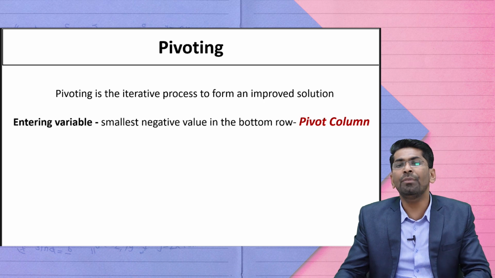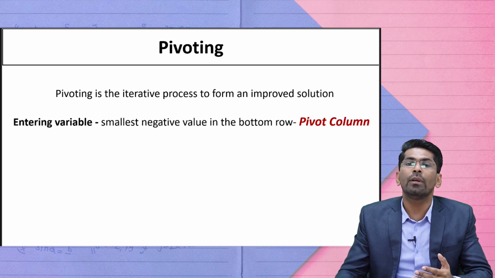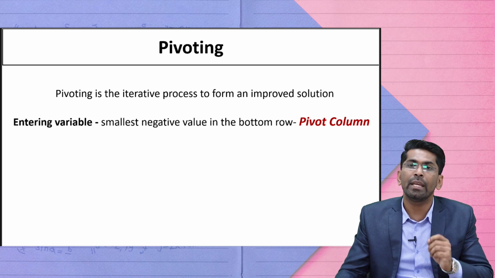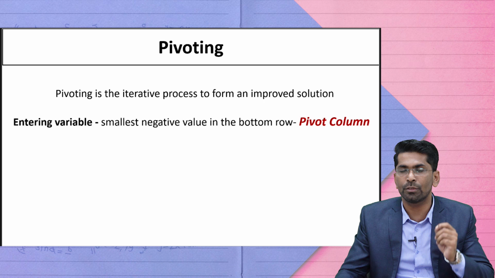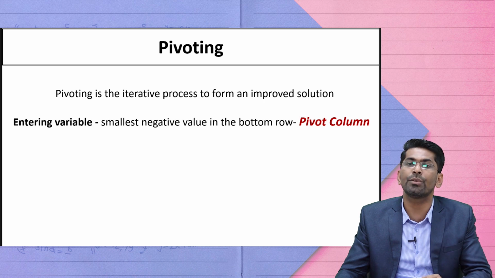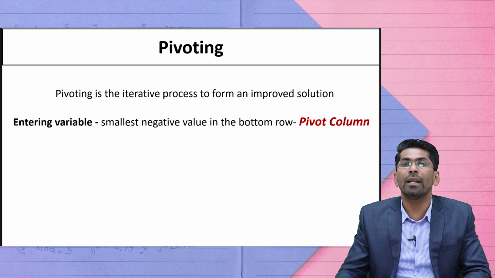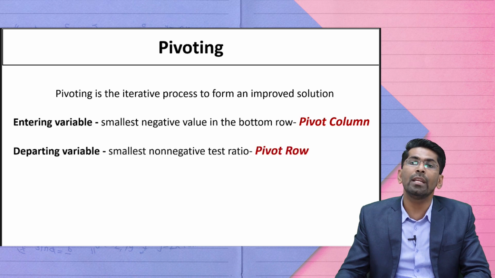Then after that we want to find out the departing variable. For that purpose we divide the b values, that is the constant values of the linear constraints, by the corresponding values from the pivot column. Then we will get a test ratio, and this is used to find the departing variable.